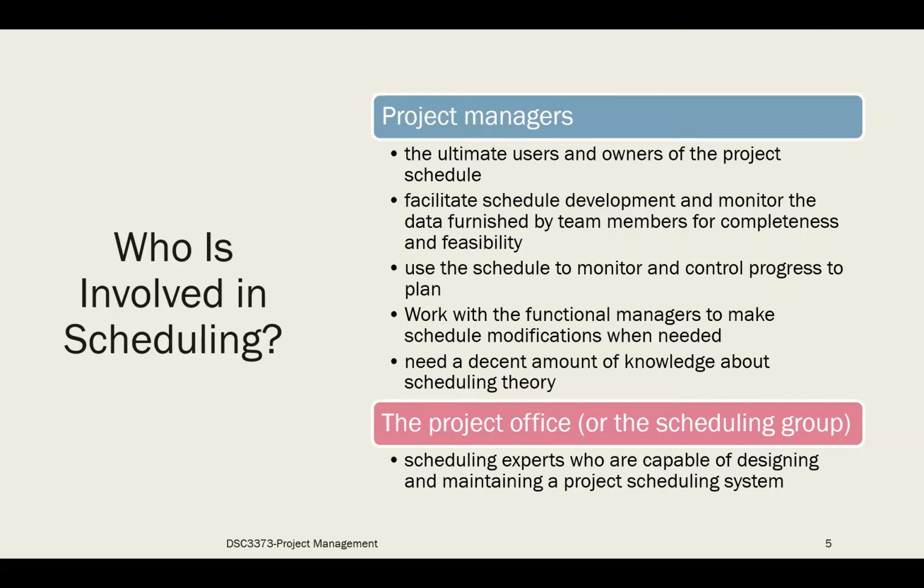These are the people who will be doing the calculations about the estimates in terms of cost and time, and also the people who will be creating the schedule for the project manager. Okay, so four parties, right, who are going to be involved in the scheduling. Each of these parties will require different levels of knowledge about scheduling theory.